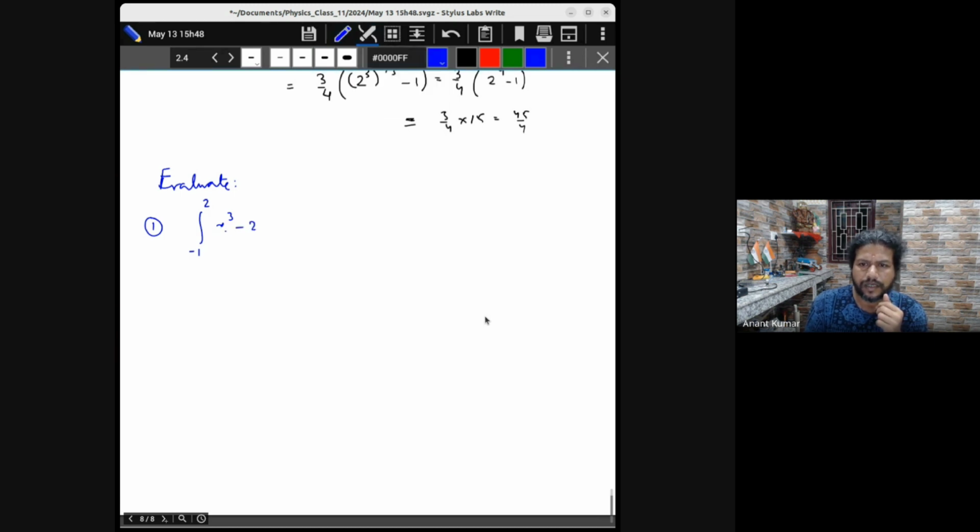Instead of x I'll just take t cube minus p. For the case of motion in one dimension, because we already have done the case of uniform acceleration, it's not much trouble.